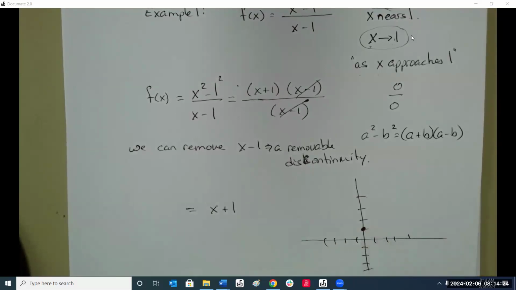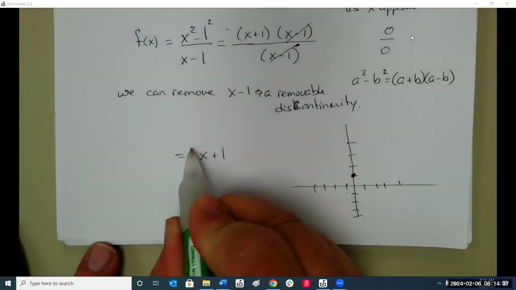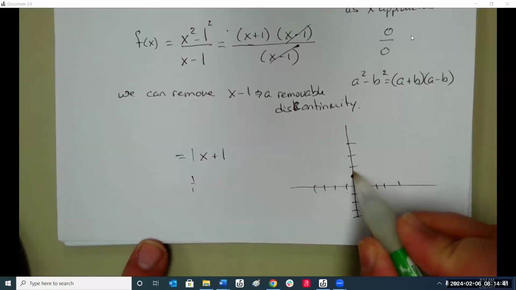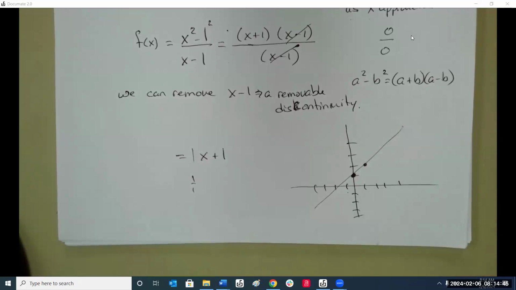What's the slope? Slopes are fractions. So what's the slope? It is 1, but how would you put it as a fraction? 1 over 1. So the slope is 1, or 1 over 1. So from here, go up 1 over 1. There's the graph.